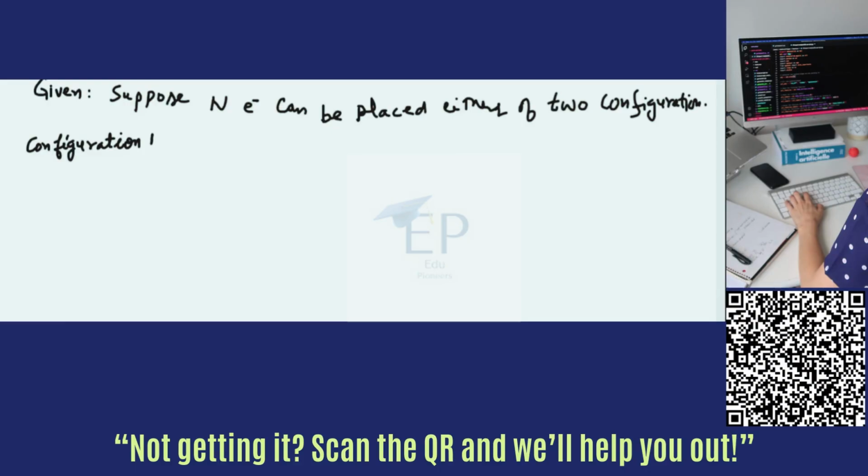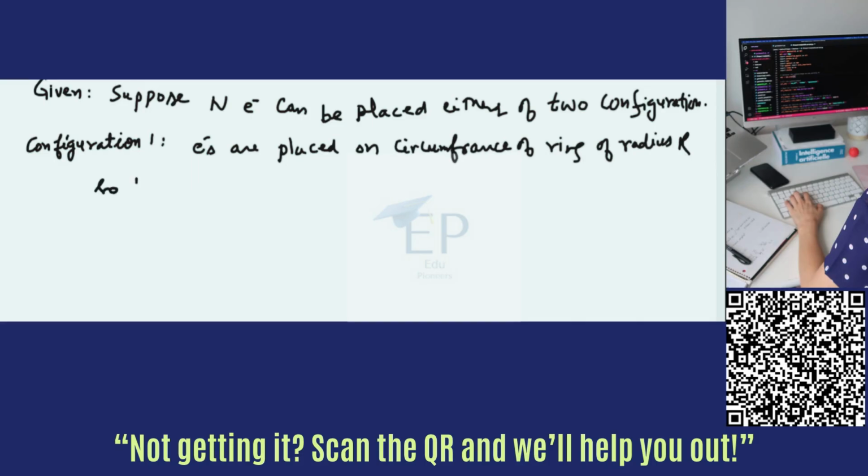Configuration 1: electrons are placed on the circumference of a ring of radius r, so that the distance between two adjacent electrons is the same.